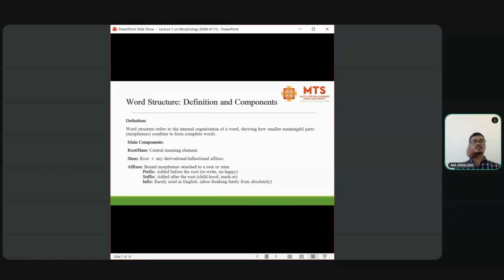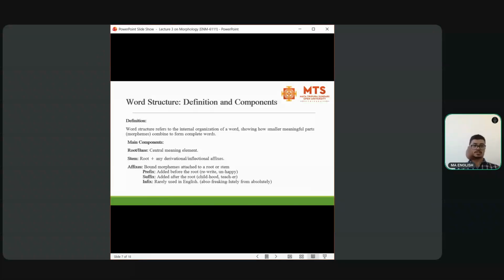This root or base is the central core meaning of the word, or the central element of the word. Let me give you an example from an English word.